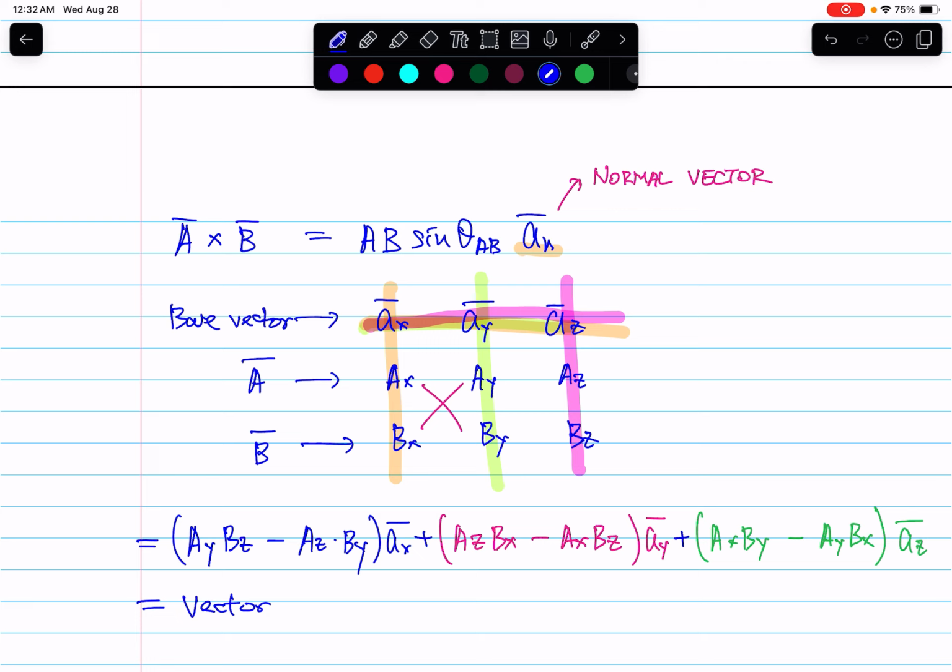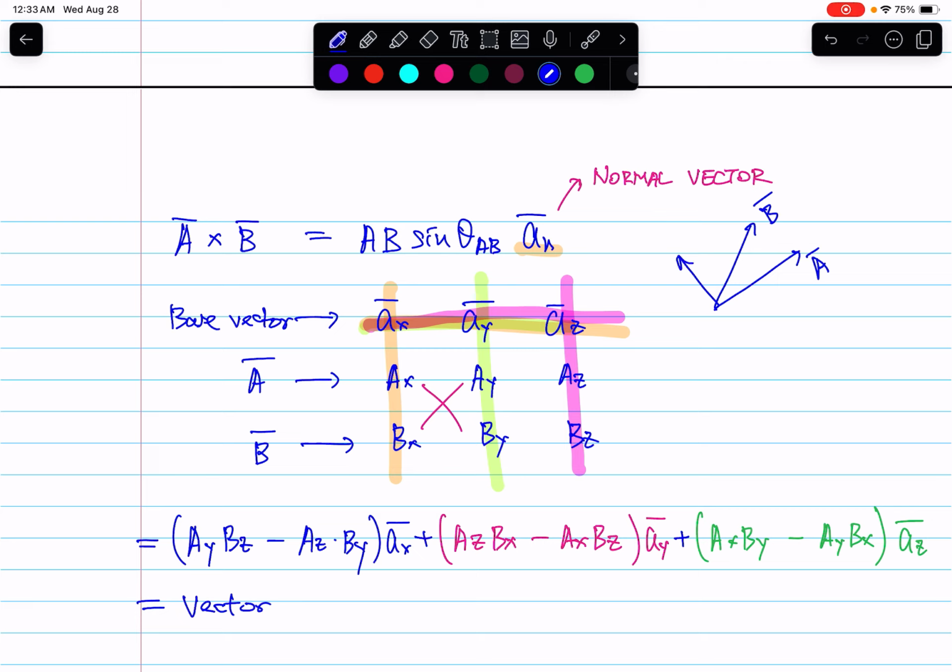The cross product result is a vector normal to the plane formed by vectors A and B. Okay, so again, if vector A is like this and B is like this, then you have a normal vector.